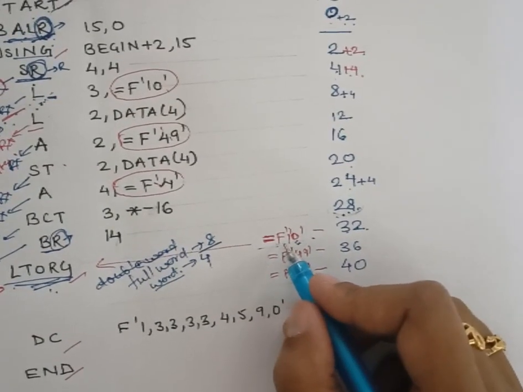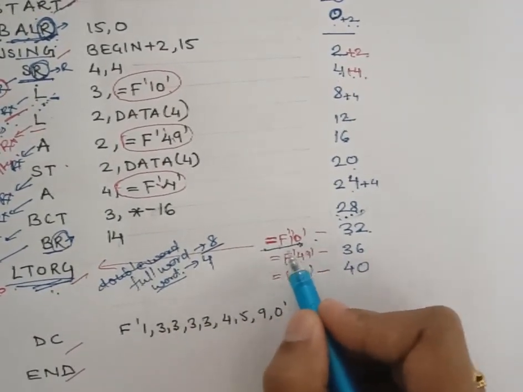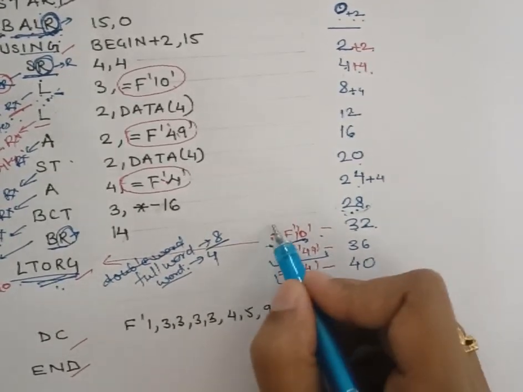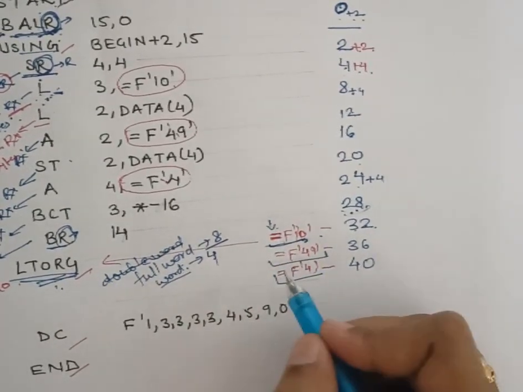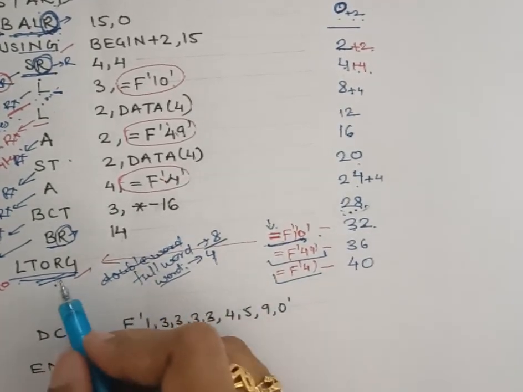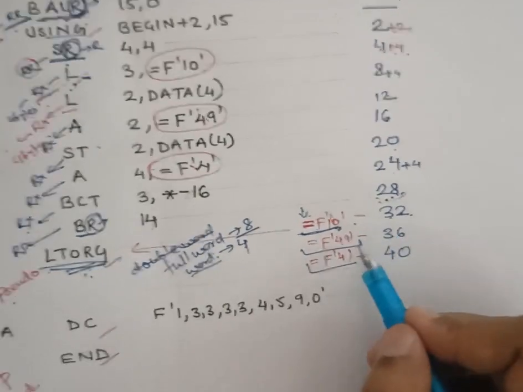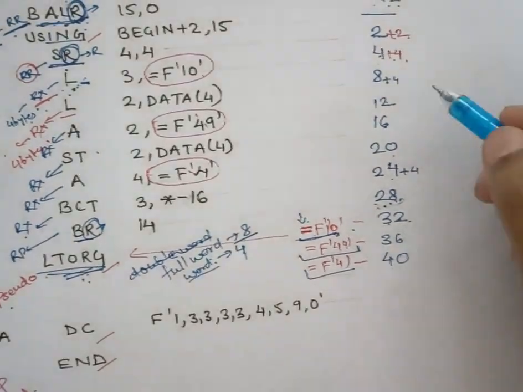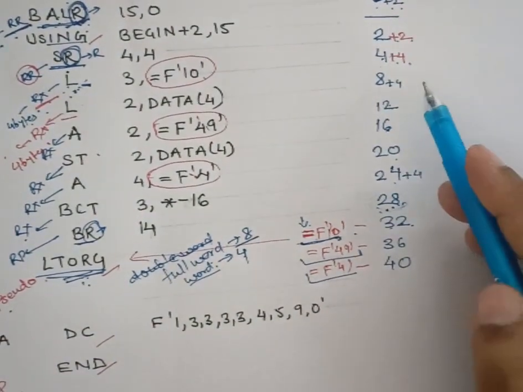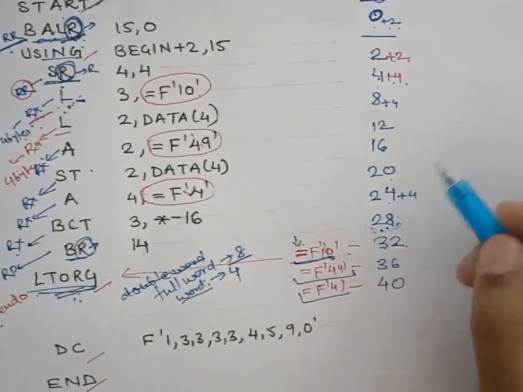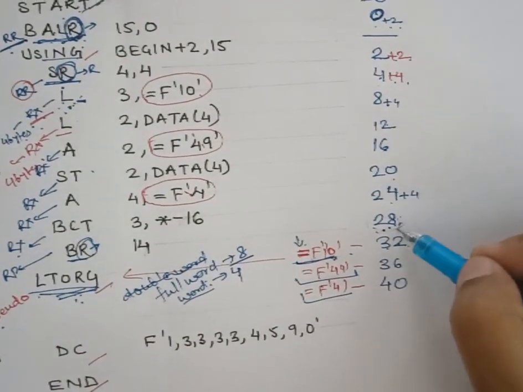You can easily recognize the literal if it contains the equal to sign, and this kind of format is there. The equal to sign is important for considering the literals for the LTORG, and we are going to allot the full word for the literals always. For that we can check whether the previous relative address or memory location for the machine codes is a full word or not.